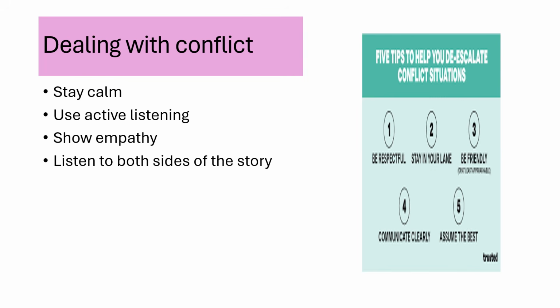So nodding your head or smiling or looking concerned. So showing with your facial features that you are listening, and then you're showing empathy. So you're understanding what they're saying, but you've got to listen to both sides of the story. For example, if there are two people involved in it. Try to communicate clearly, try not to interrupt them, and stay respectful and friendly at all times.